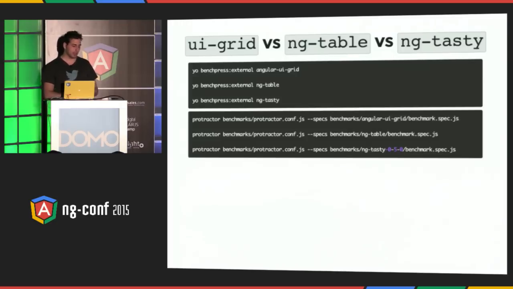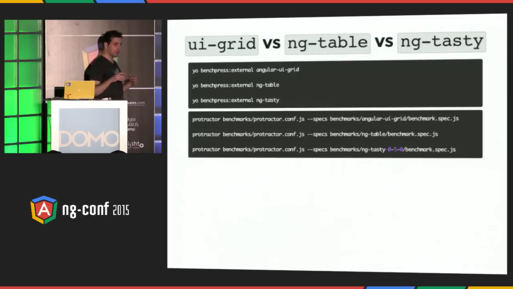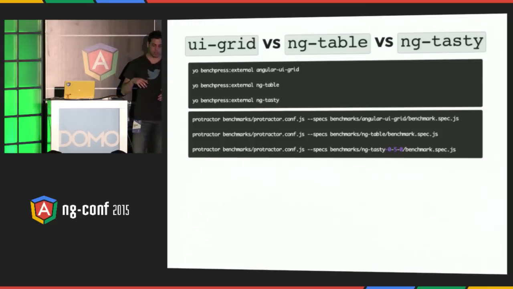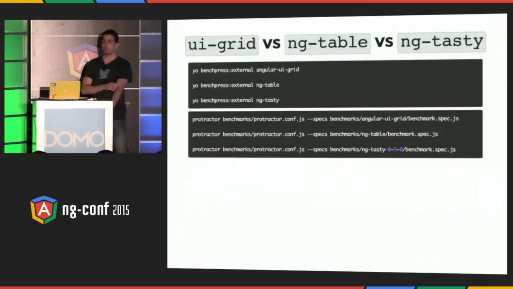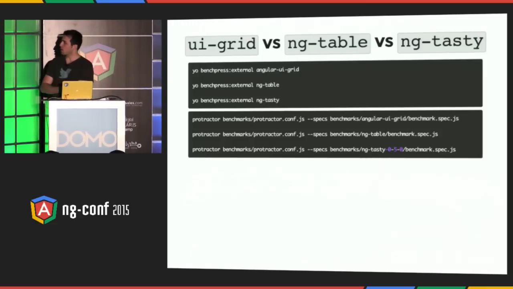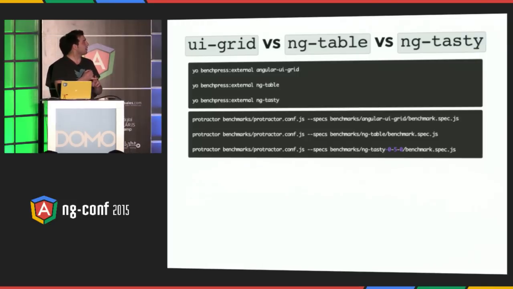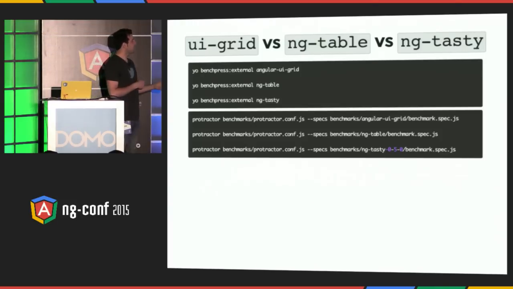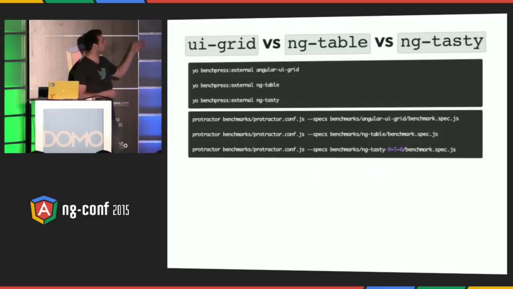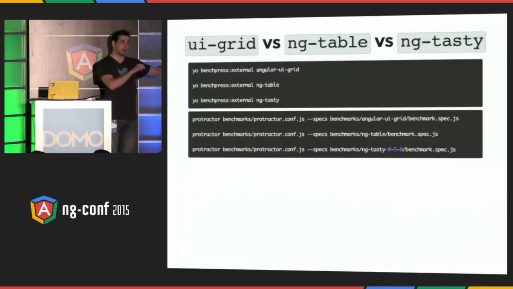The next case is how my table compares to third-party solutions. And in this case, we have Angular UI Grid, ngTable, and ngTasty. And I'm doing the same process. I'm recreating with the Yo bench press external that specific Bower version.